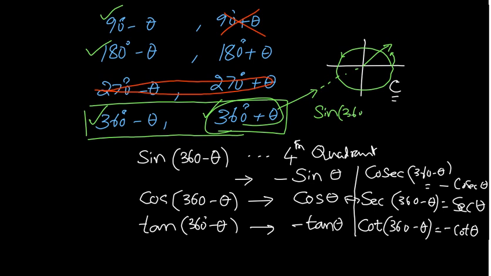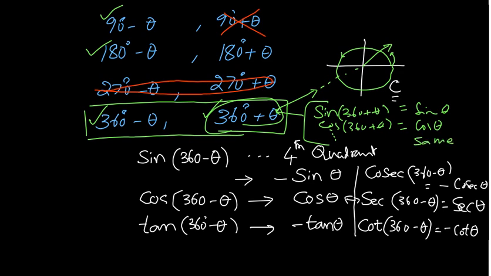So sin 360 plus theta equals sin theta, cos 360 plus theta equals cos theta. Everything is the same. Even for tan the same thing. Secant also has no sign change. All are positive. Same angle. Tan means tan. I'm not writing them down. It's easy to remember.